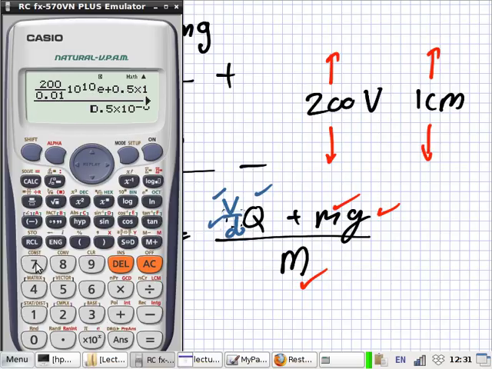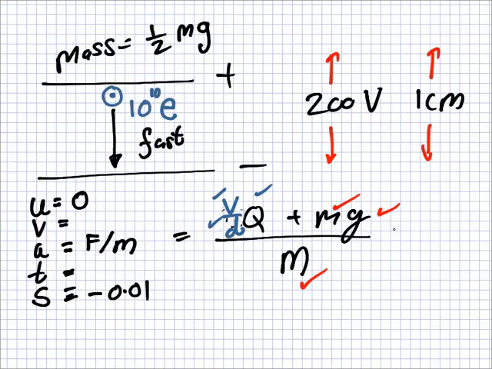Alright, it's a bit of a pain, but when you type all the numbers in, you get an acceleration of, syntax error. You get an acceleration of 73.9 meters per second squared. Extremely fast, isn't it? Alright, so what formula will give me the t here?